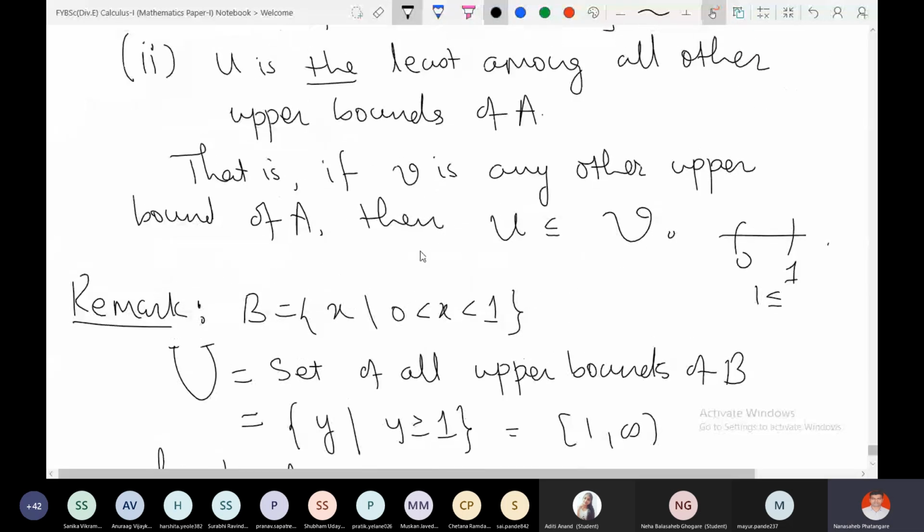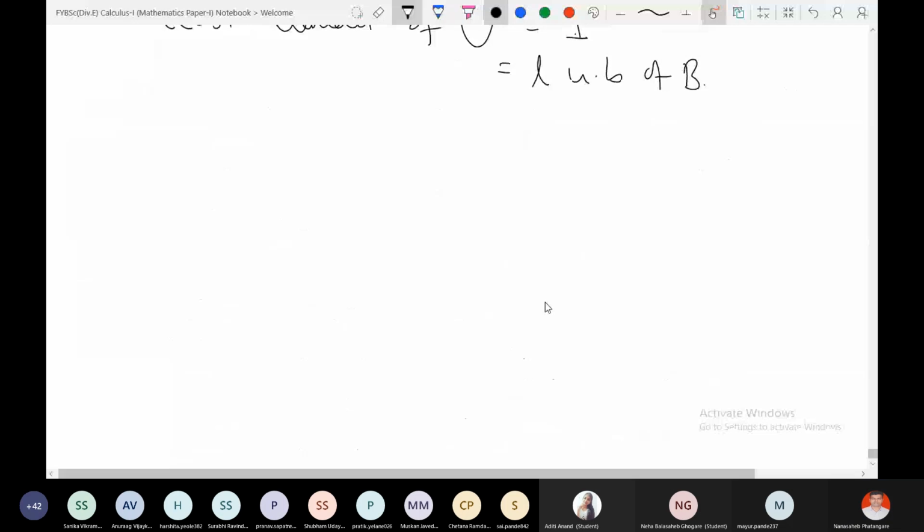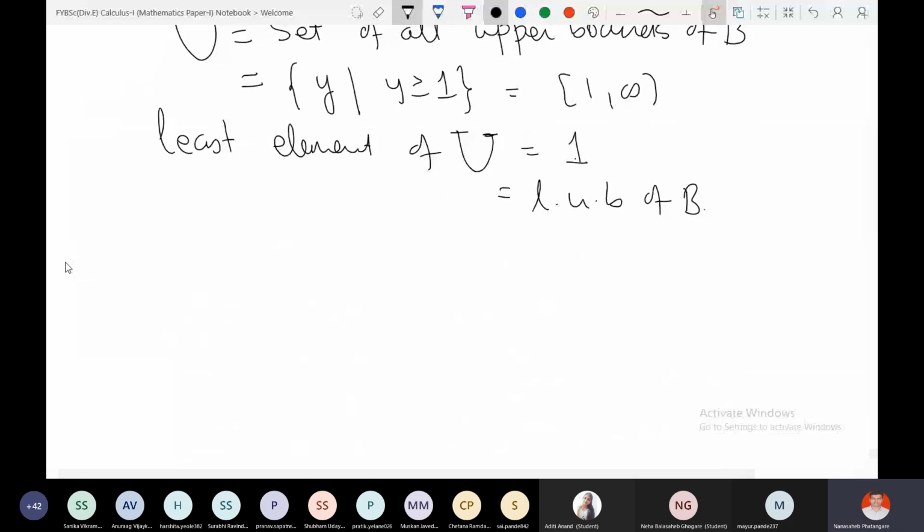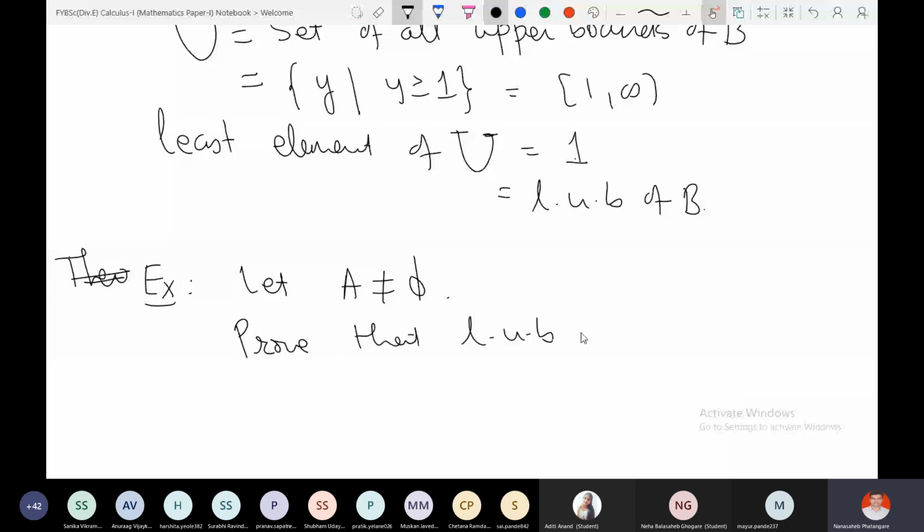So let me say what we can say as a theorem or exercise. Let A be a non-empty set. Prove that the least upper bound of A is unique if it exists.